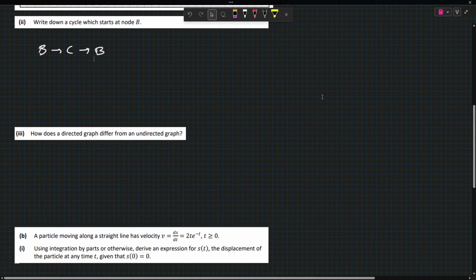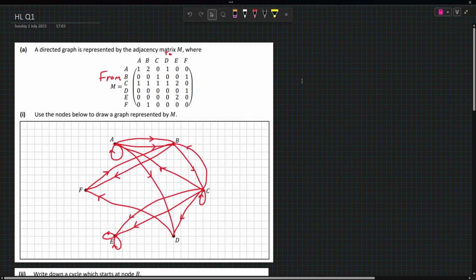How does a directed graph differ from an undirected graph? Well, if you look at the directed graph matrix here, it is not symmetrical about the leading diagonal.